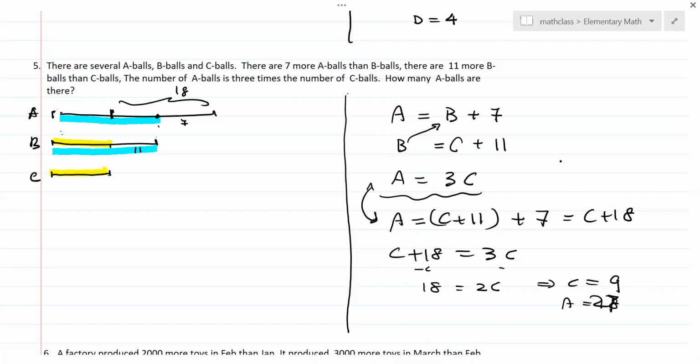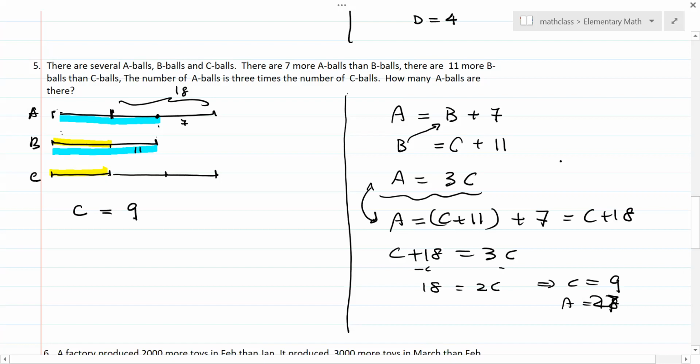But we also know that the last sentence says the number of A balls is three times the number of C balls. So A is equivalent to 3 sections of C, which means 2 sections of C should be equal to 18. So the number of C balls is going to be 9.